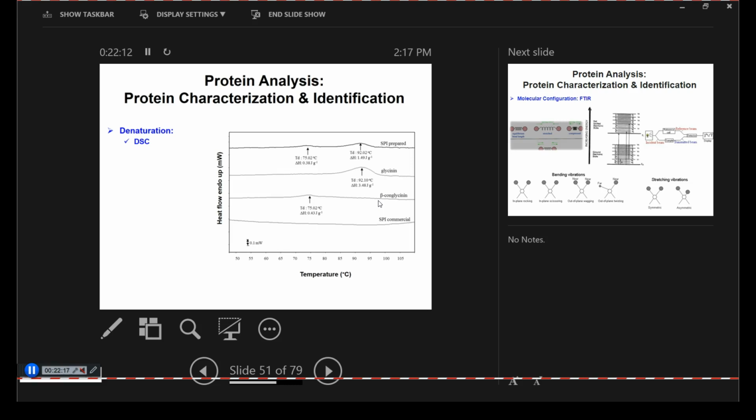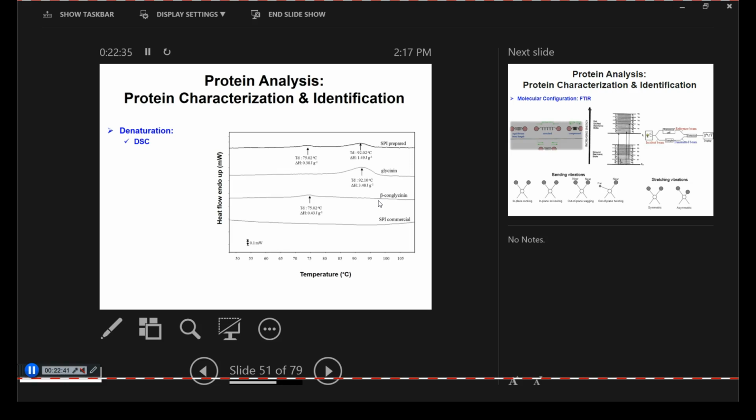Why would the glycinin subunit have such a higher enthalpy than the glycinin in the soy protein prepared? Here and here? No, for the same glycinin subunit, why is it so much bigger for the pure glycinin versus the glycinin in the soy? That's a very good question. I didn't think anybody was going to ask that. But it's a great observation.